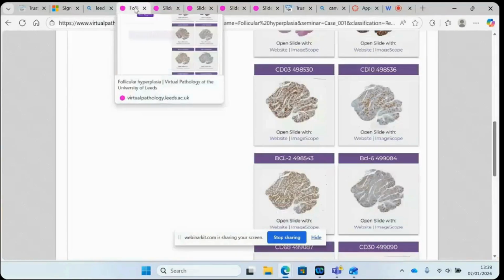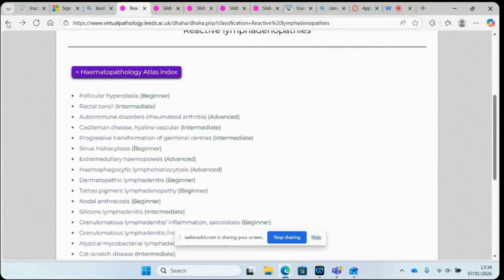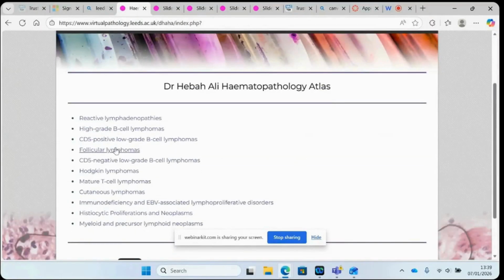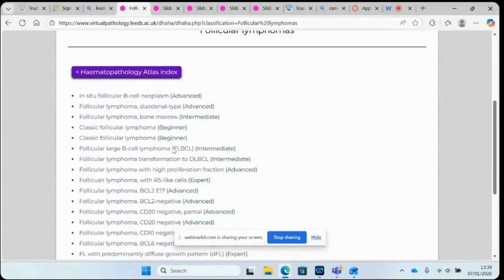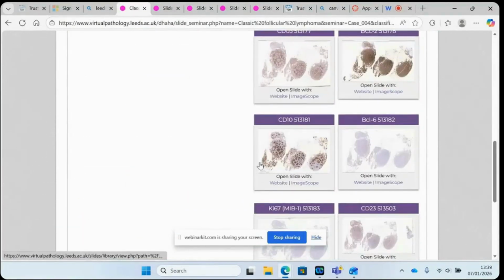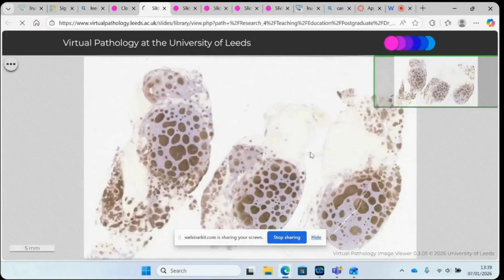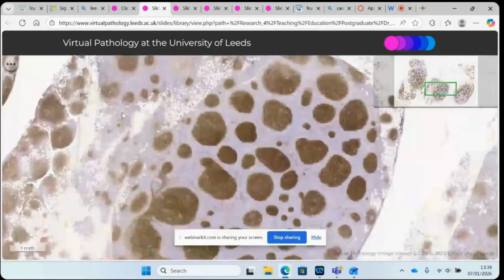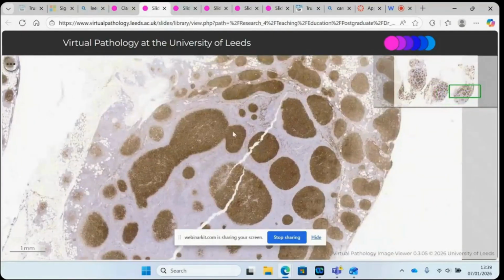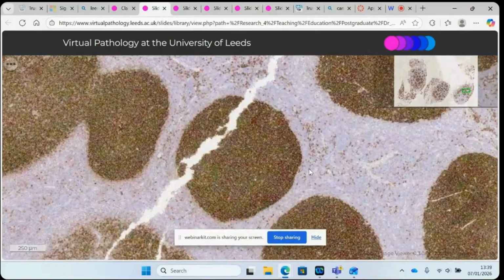Let me just see if I can find an example of that. Jumping around a little bit. Maybe not the best example. This is CD10 here, but the CD10 hasn't spread out. Yeah, you can see it here.